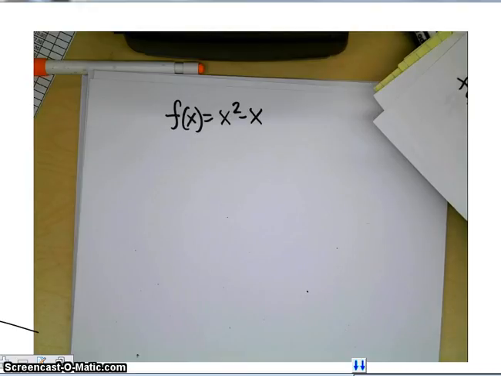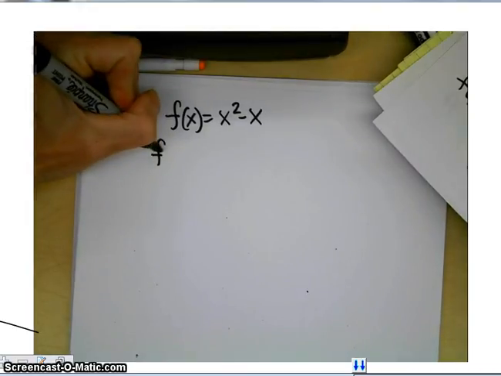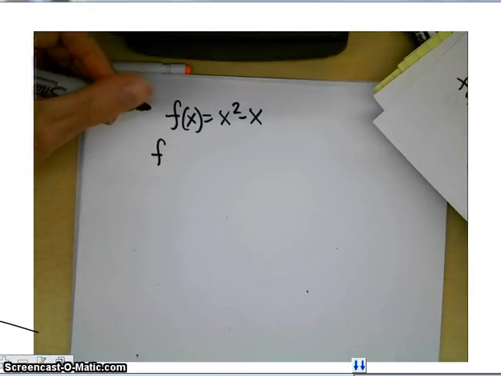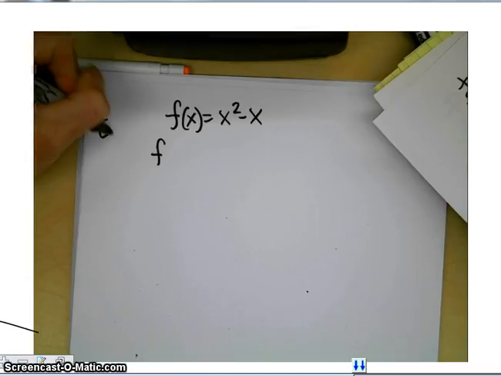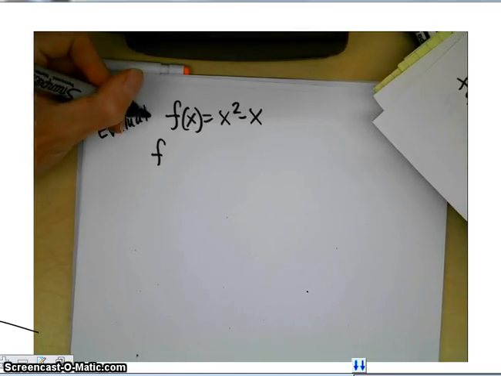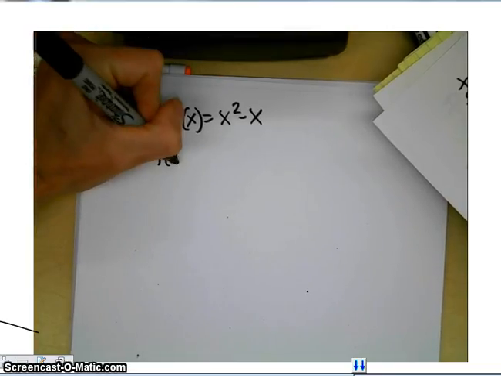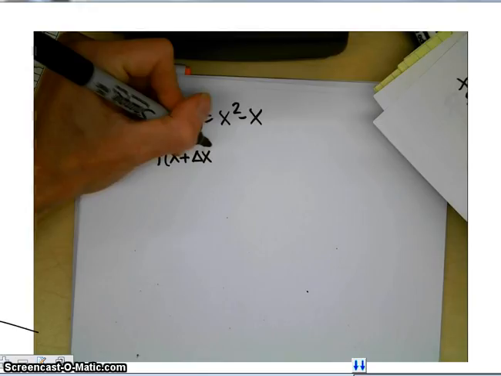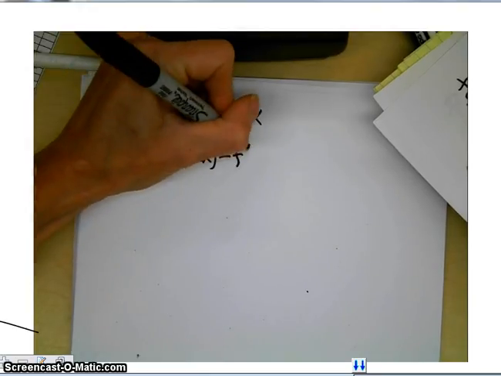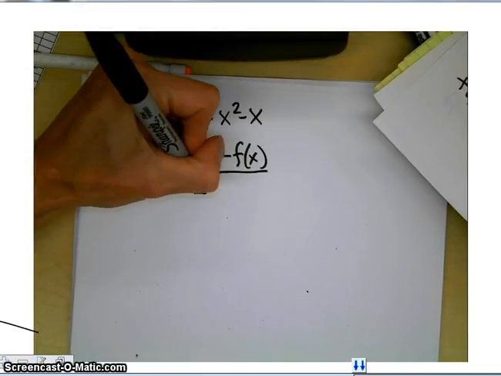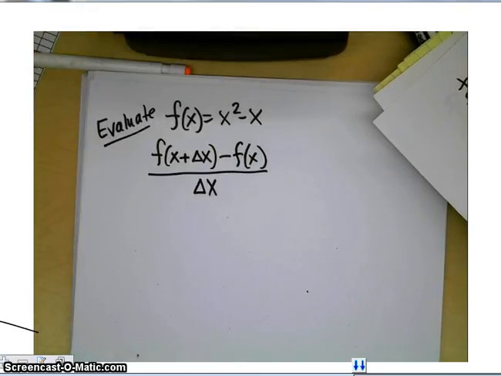So what I want to do now is evaluate f of x plus delta x minus f of x, all over delta x. Does that look like fun?